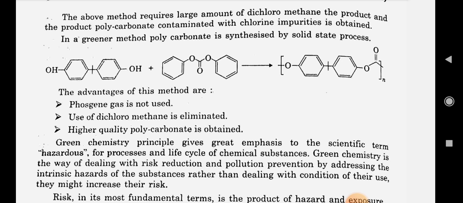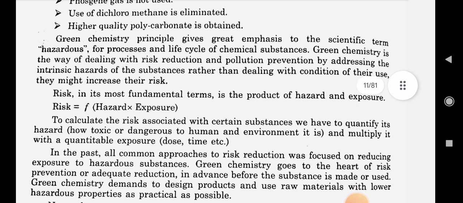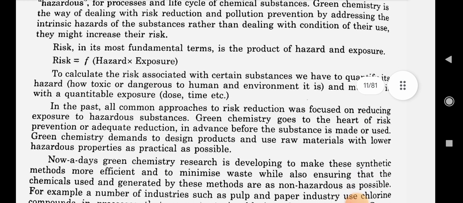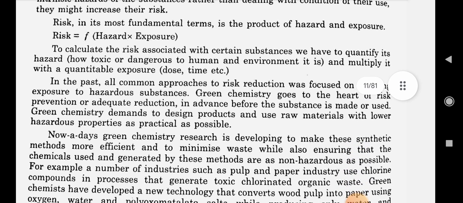Green chemistry principles give great emphasis to the scientific terms, hazards for the processes, and the life cycle of chemical substances. Green chemistry is the way of dealing with risk reduction and pollution prevention by addressing the intrinsic hazard of substances rather than dealing with the conditions of their use.